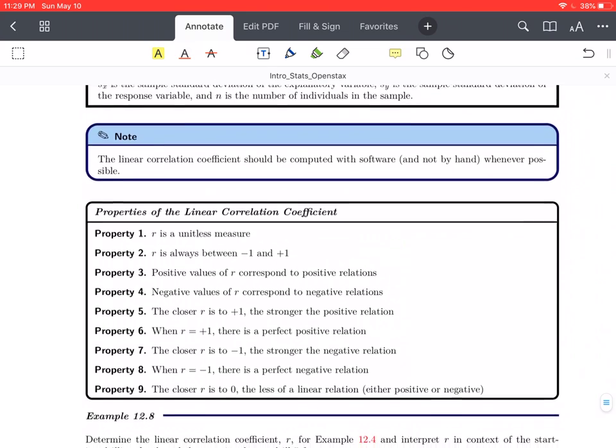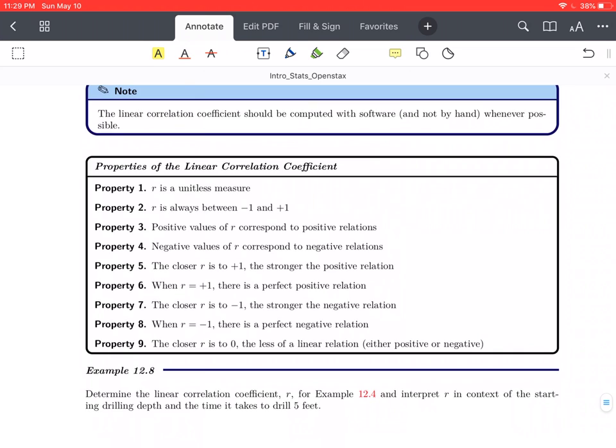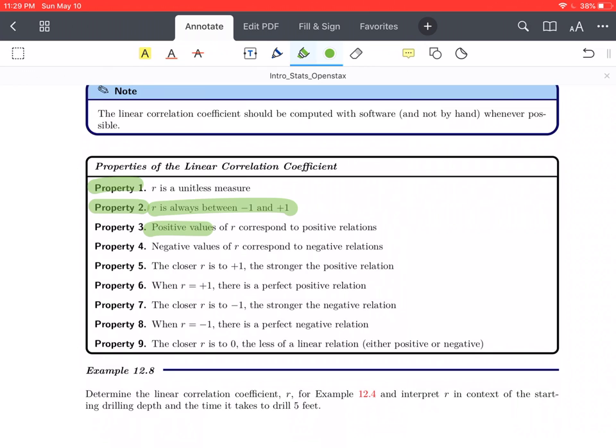Okay, but here are a few properties of it. So go through these really quick. So property 1, R is unitless. It is always between -1 and 1, so this is a good thing to remember. Positive values of R correspond to positive relations. So positive values, positive relations. Negative values mean negative relations.